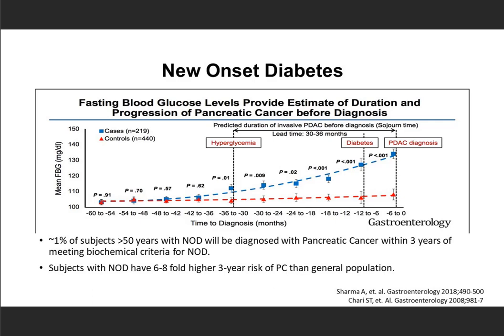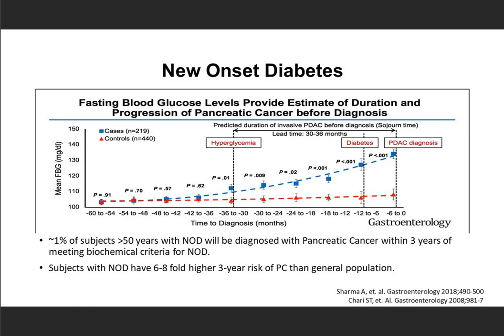And when you look further back, many of them didn't have long-standing diabetes. And in fact, if you go back even 1 or 2 years, many of them had no diabetes, and the diabetes developed rather abruptly.